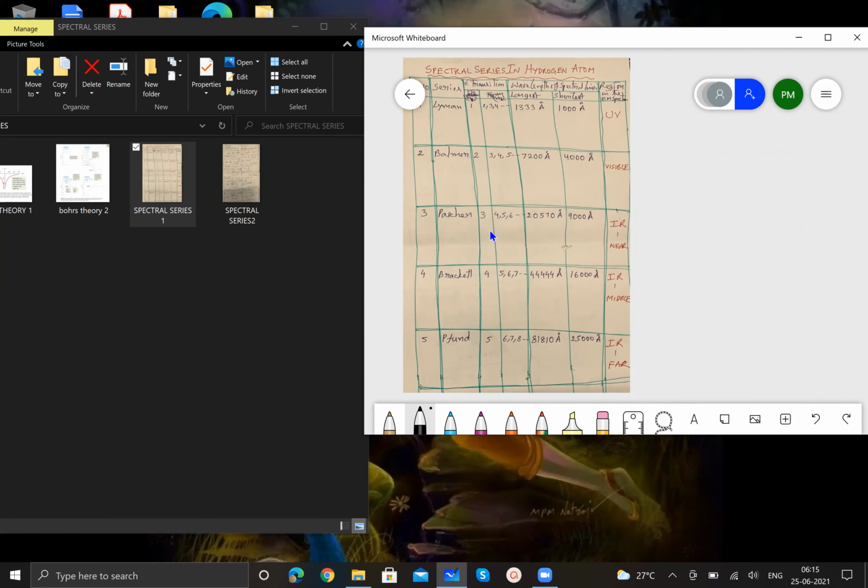We have the middle infrared region. The last one is the Pfund series, from the 6, 7, 8 orbits to the 5th orbit. 81,880 angstrom units longest, 25,000 angstrom units shortest, far infrared. So this is about the various spectral series and the regions they belong to.